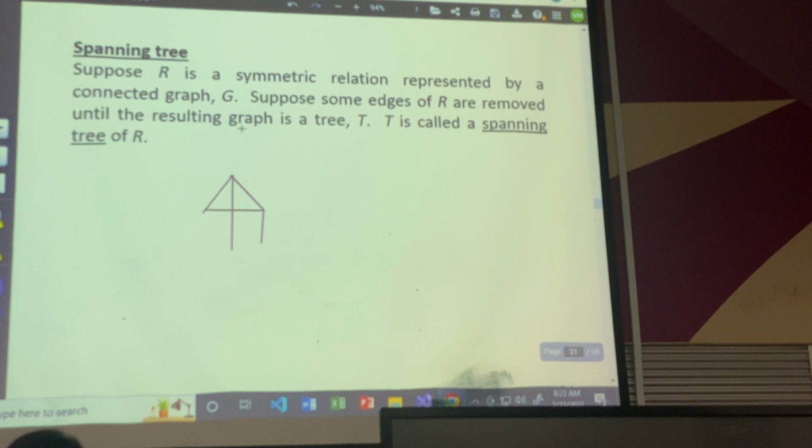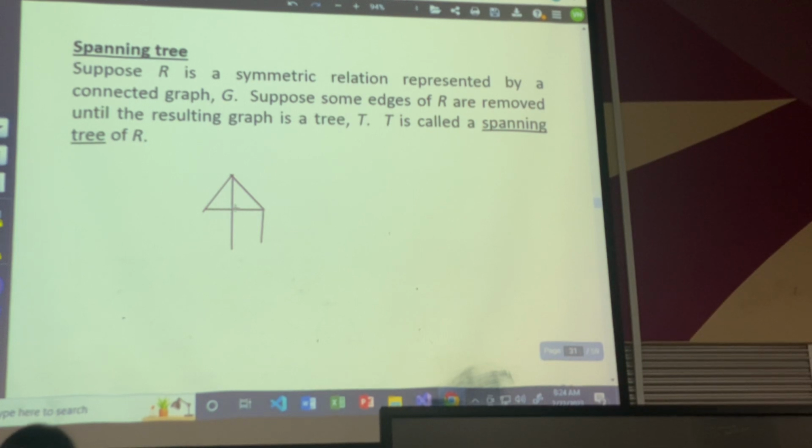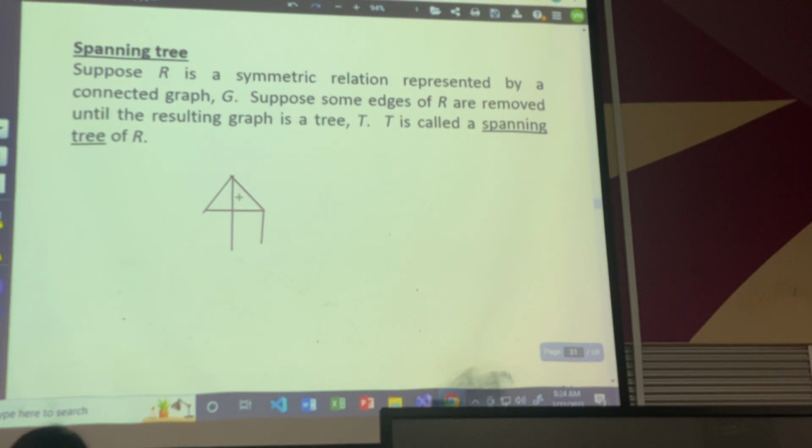We need to make sure that there is no cycle. We need to make sure that all the vertices must be connected, right? So how do we remove some of the edges here in order to get an undirected tree, so that it can fulfill the two definitions just now?